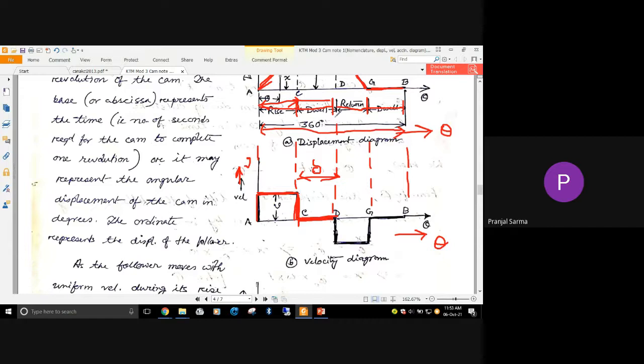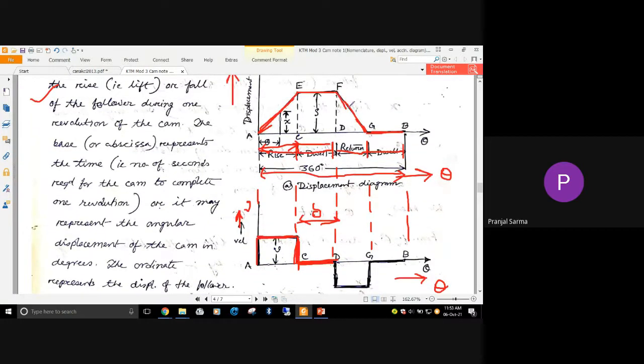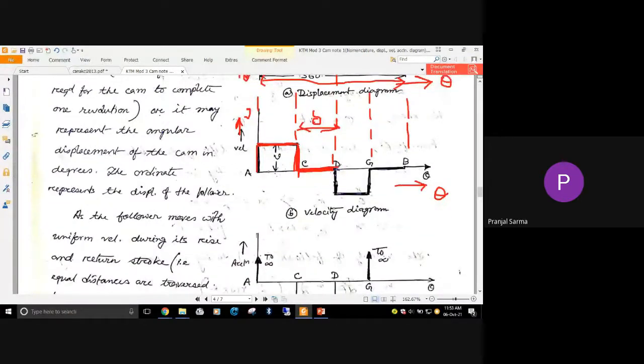After that, the return stroke is there, but the direction of movement is different. Previously it was going up; now in the return it is going down. It is once again uniform velocity. To show that it is in two different directions, this and this, we once again give some velocity here.